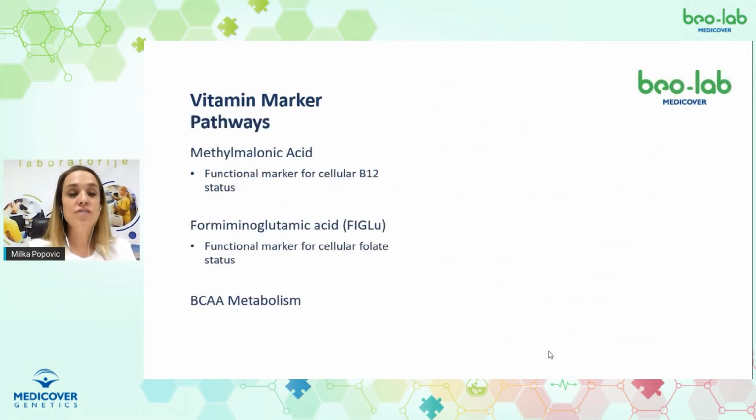So further on, the metabolic pathways of organic acids, which were shown in the report, and I don't have them here because there are loads of pages in my presentation, give us a better understanding of how these analytes are linked to the needs for vitamins.